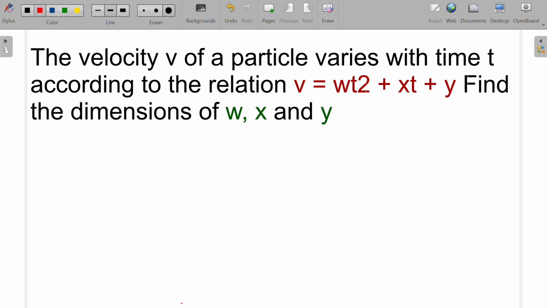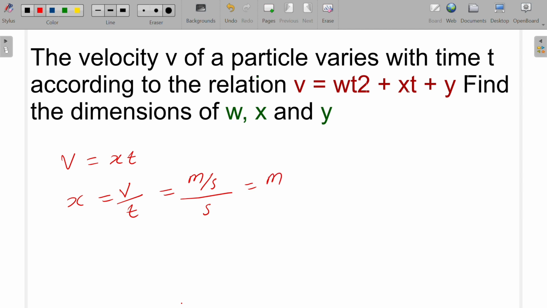So let's check dimensions for X. As usual, we are going to say V is equal to XT. This is what we have. V is equal to XT, making X the subject, our X will be equal to V divided by T. And this is equal to V, velocity, which is measured in meters per second, divided by T, which is time, measured in seconds.